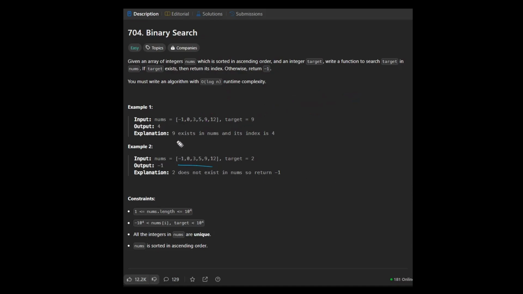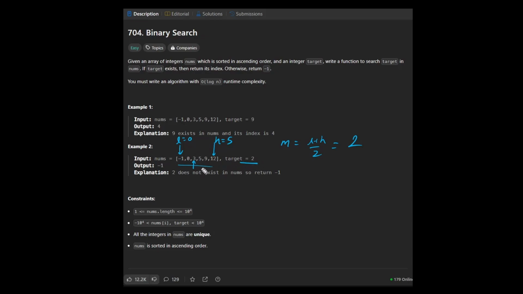Now look at another scenario. The low is over here, the high is over here, low is 0, and high is 5. Middle is low plus high by 2. That would be 2 again. We are over here, we need to look for 2. Is 3 equal to 2? No, so we have not found anything.